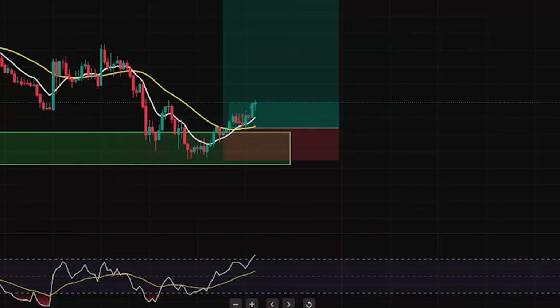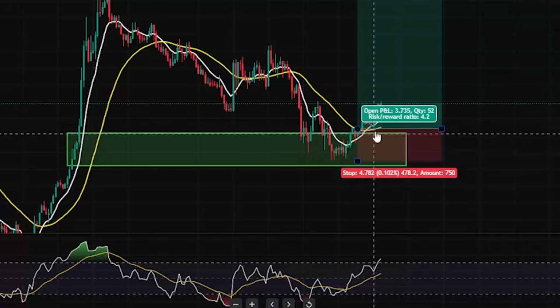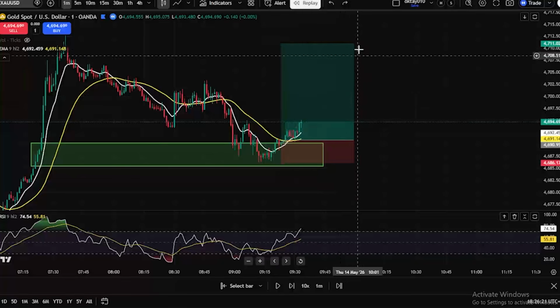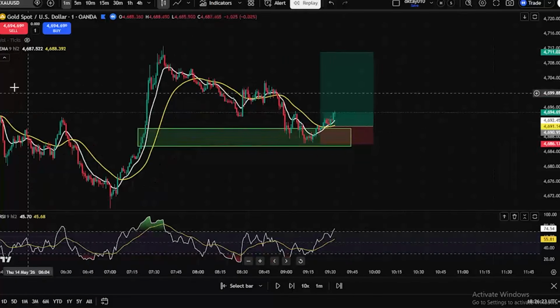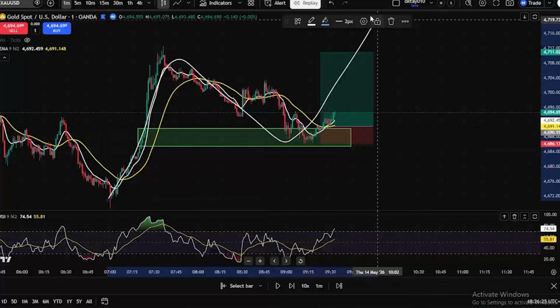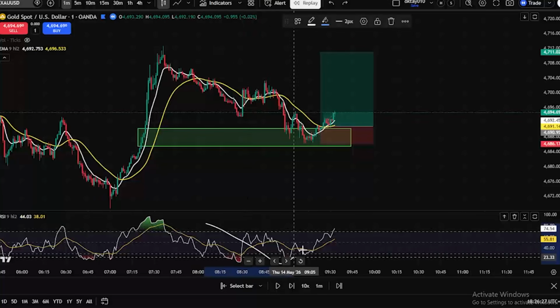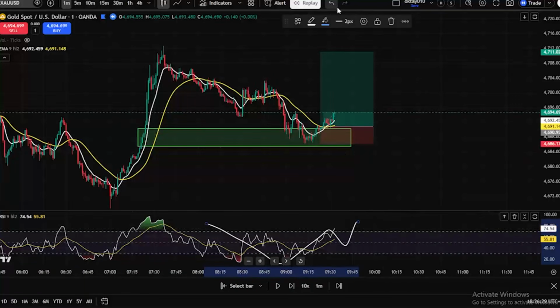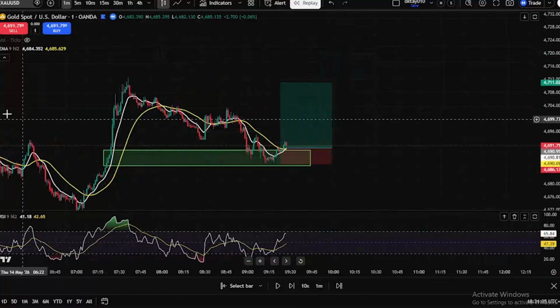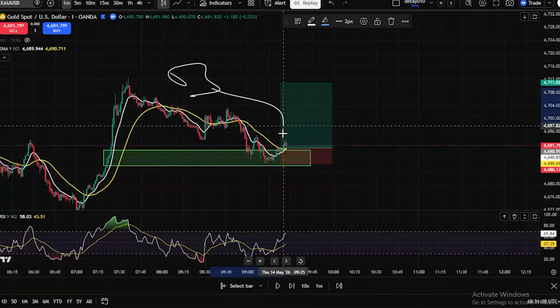So if the 9 EMA crosses the 21 EMA and the move is near a Fibonacci level, the RSI should also be above 30 and below 70 to ensure that the move is reasonable and not due to overbought or oversold conditions.